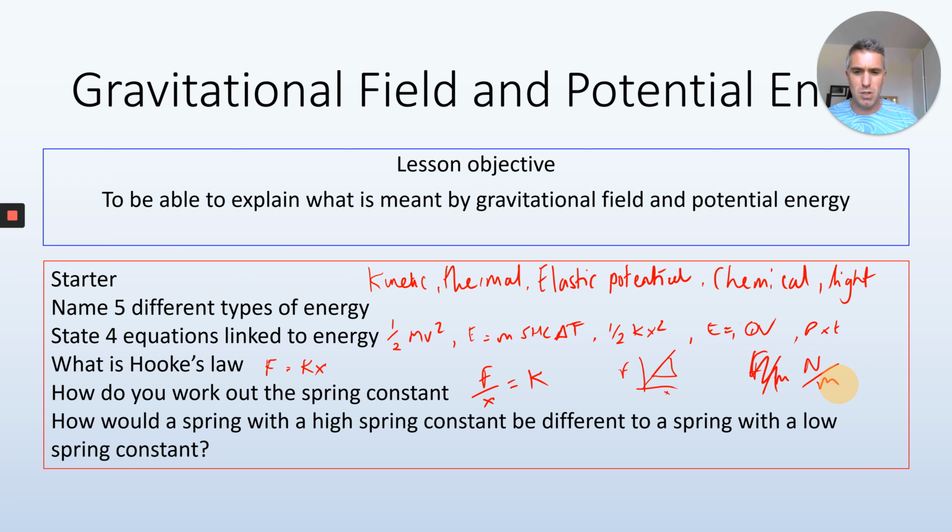So how many newtons you get for a meter? If you've got a high spring constant, that means it's very stiff, whereas something with a very low spring constant means it's easier to move. So if you get a low spring constant, this number is small, it means it's very easy to stretch the spring. If it's big, it's difficult to stretch the spring.